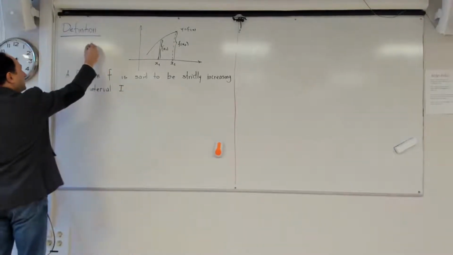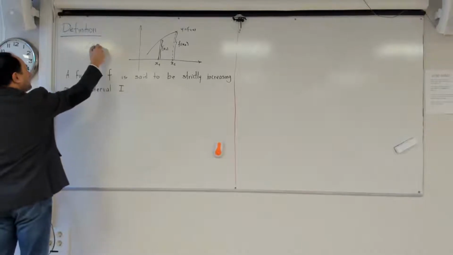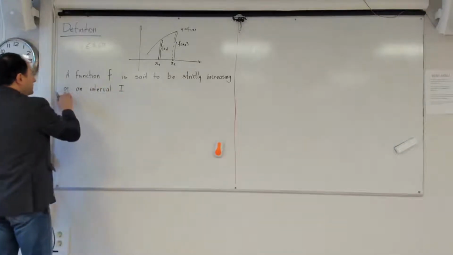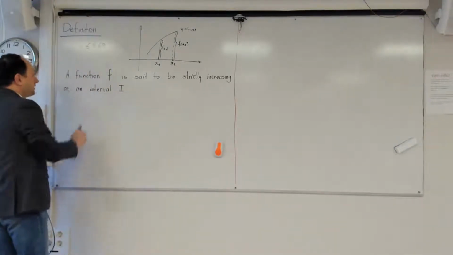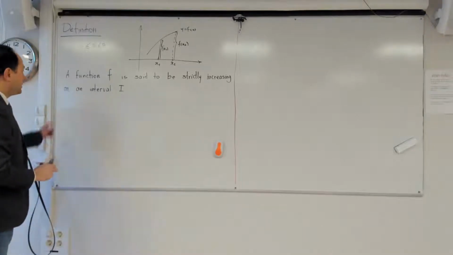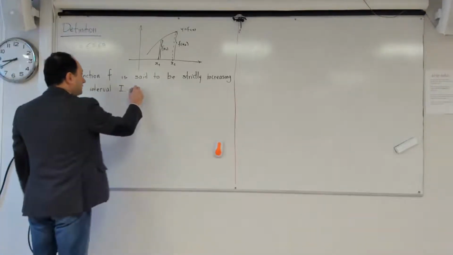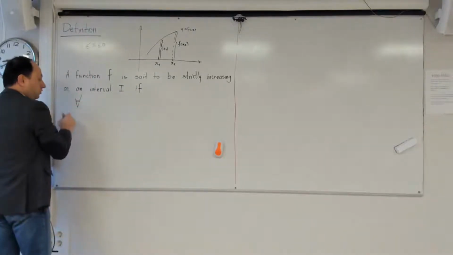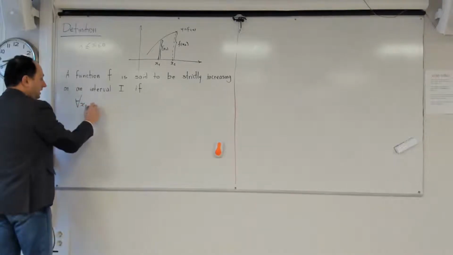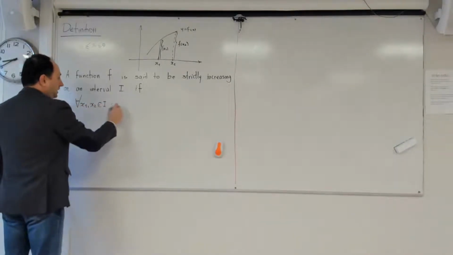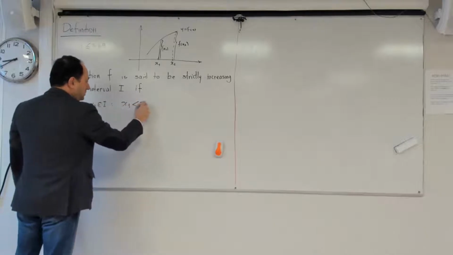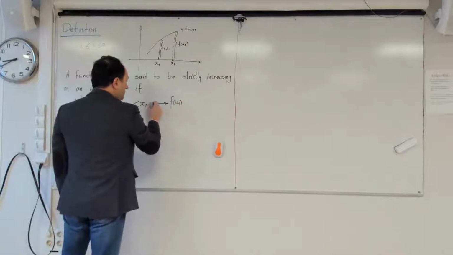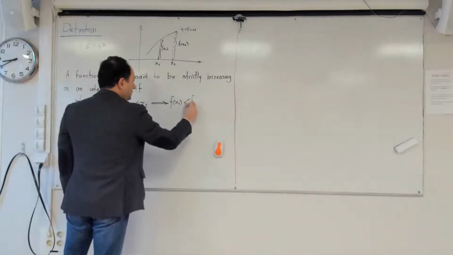For example, when I say all the values between 1 and 5, this is called an interval. So an interval on the x-axis, any interval with different points here. A function f is said to be strictly increasing on an interval I if, for all x1 and x2 in I, and you know that this symbol means "for all", if x1 is less than x2, then f of x1 is also less than f of x2.